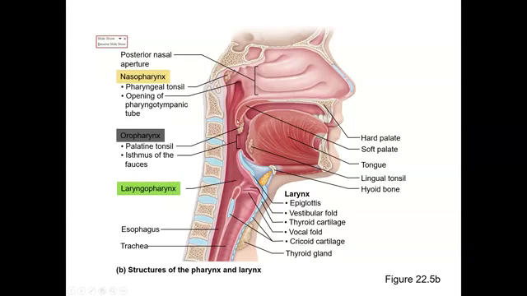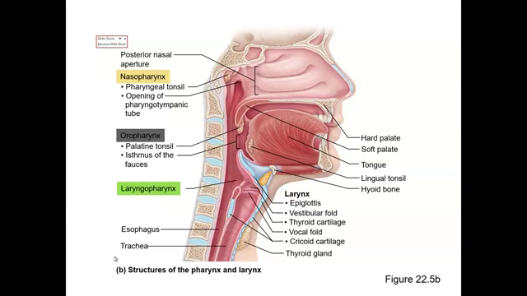So the pharynx is when we still have a mix of both food and air, but then after the laryngopharynx we basically have a very clear distinction between the trachea and the esophagus. So the trachea more ventral, esophagus posterior or dorsal.